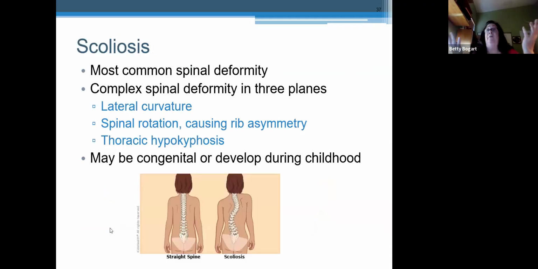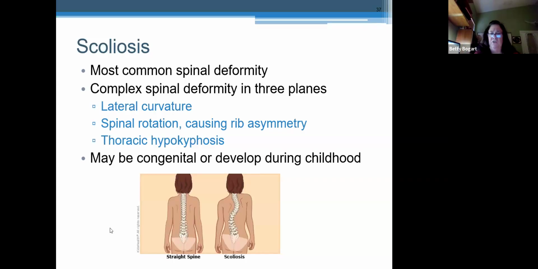Now, the most commonly tested of all of them is scoliosis. Scoliosis is an S-shaped curvature of the spine. So you're going to see it curved. If you look at that picture, do you see how that right shoulder is elevated and the left one's down? That's usually what we see, especially when they bend over, you can see those things.